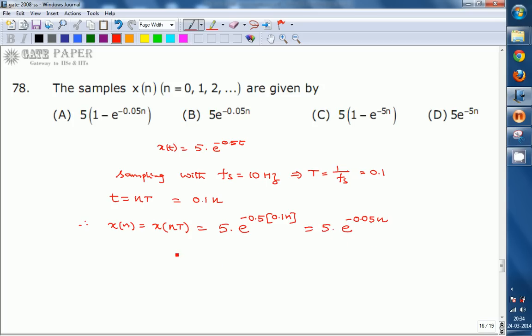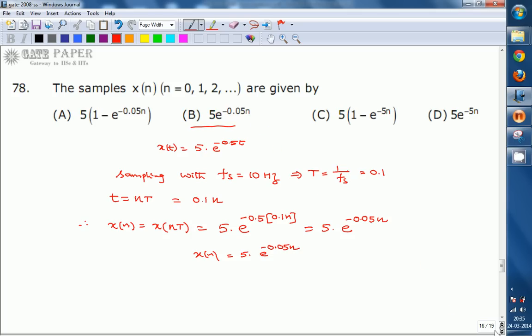So x of n equals 5 into e power minus 0.05 n. That is the answer B.